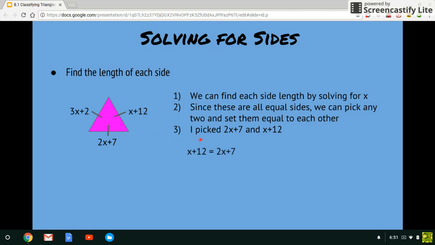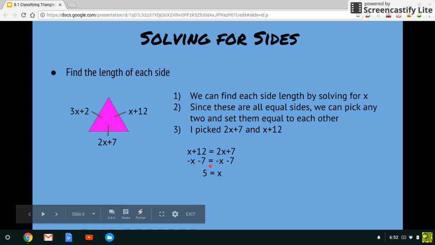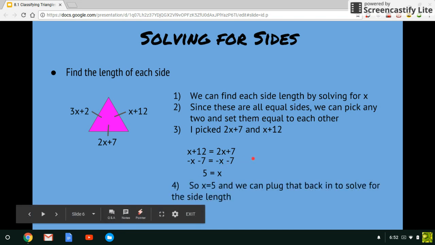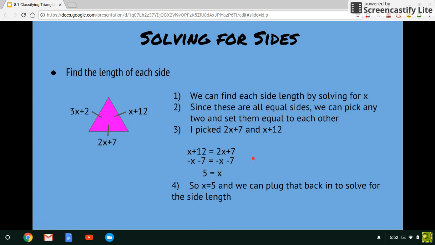So we're going to set those equal. x plus 12 equals 2x plus 7. And then we're just going to solve for x algebraically here. So we're going to subtract x from both sides and subtract 7 from both sides. So we get that 5 equals x. So x is 5, and we can plug that back in to solve for the side length.